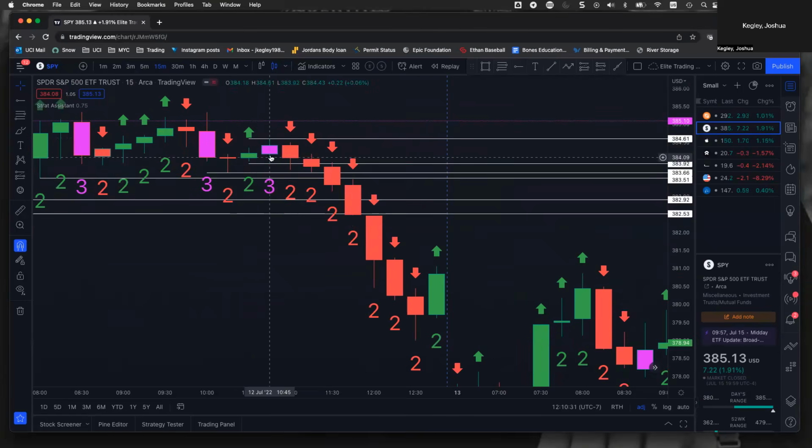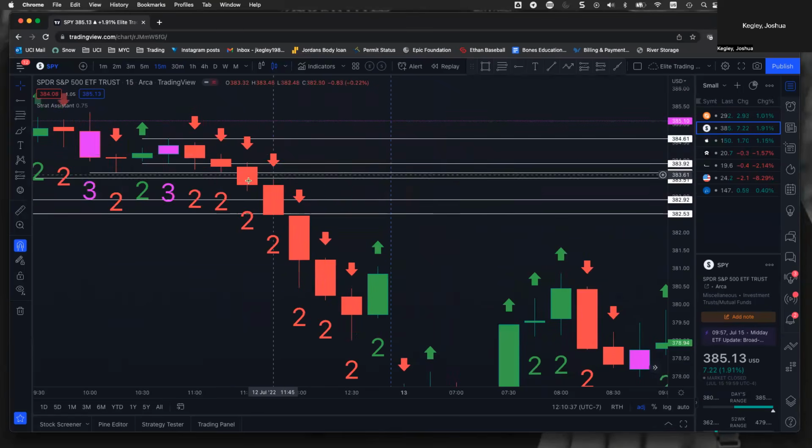Yeah, no, not a 3-1-2, but we had a 2-2 continuation pattern. So that's these two candles right here. Price opens right here, tries to break above, it can't, it fails. That's our entry, the bottom of this candle, which is right about where our line was, and then you ride it all the way down.